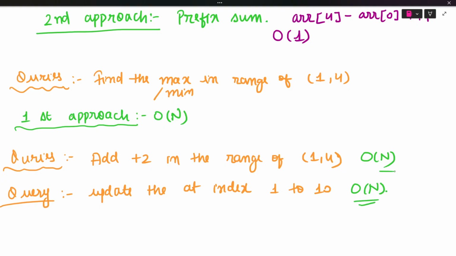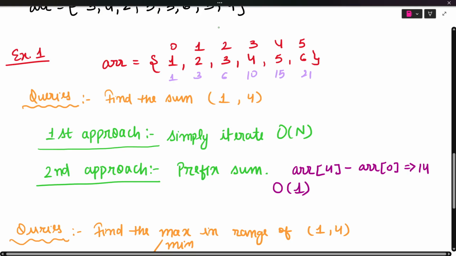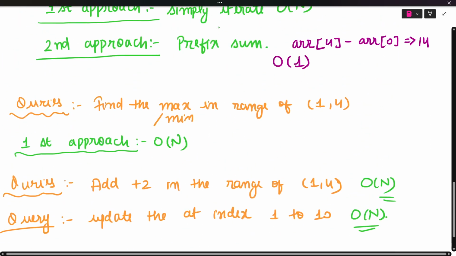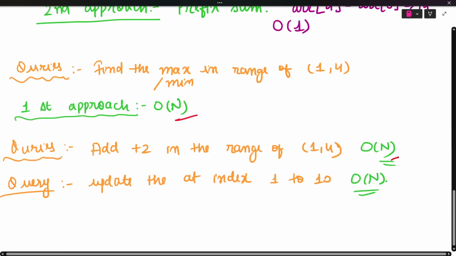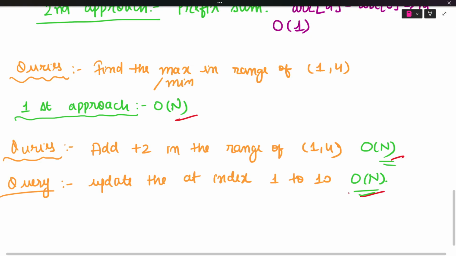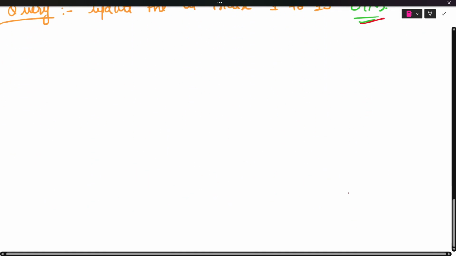Okay, so in these kinds of cases we are seeing that for each query, in most types of queries, we are taking big O of n, right? So in order to optimize this we use a segment tree, which is going to solve our problem.